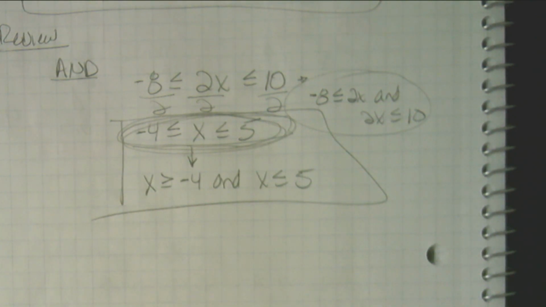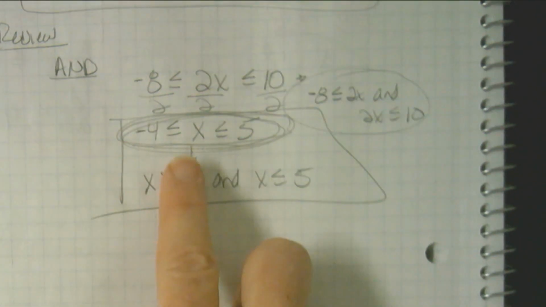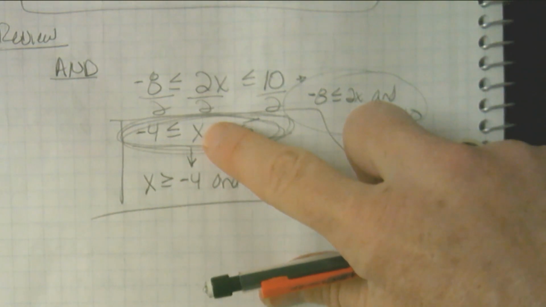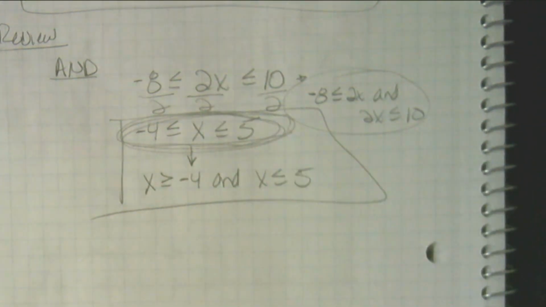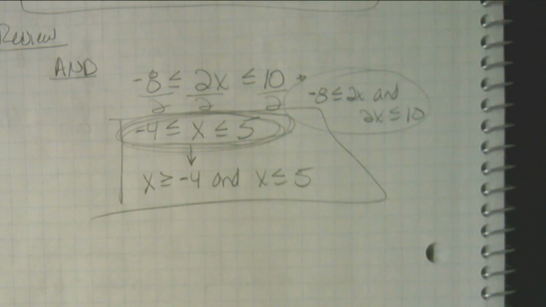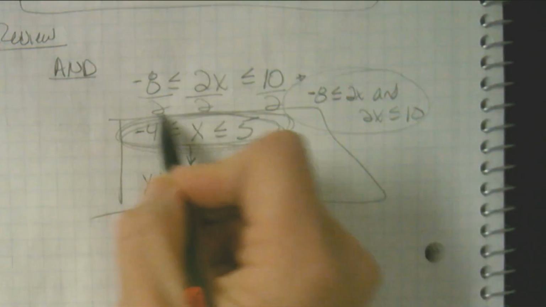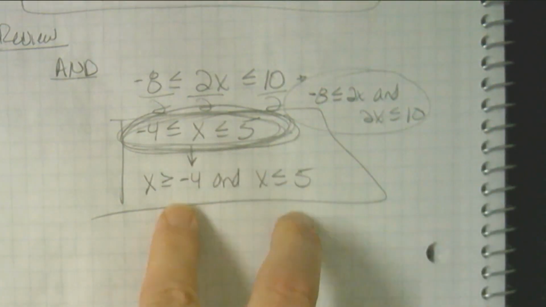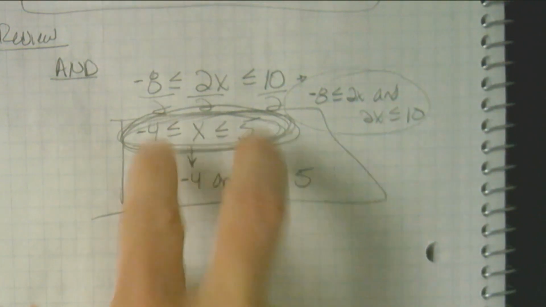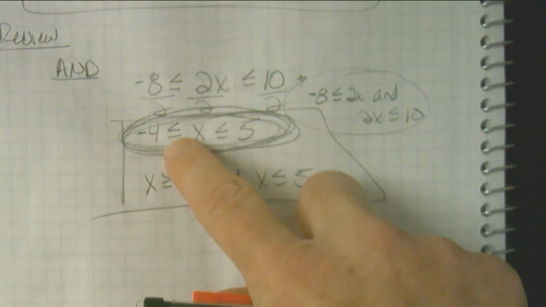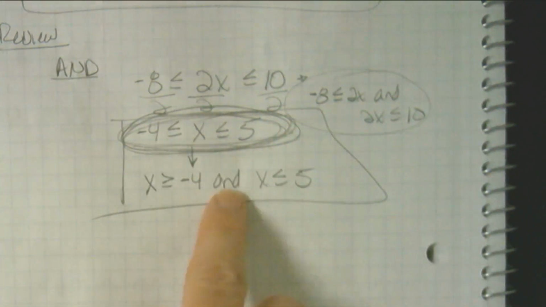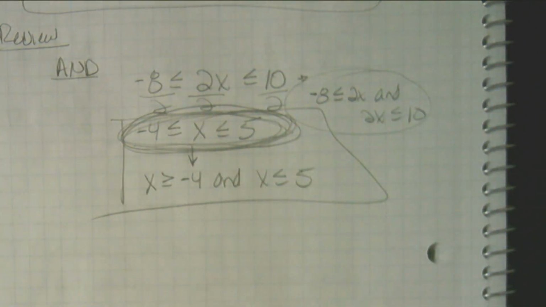I didn't change it. No, I did not. What are you talking about? I didn't change anything. All I'm saying is this is what it should look like, but this is what it can mean also. These are the same thing. My x is greater than my negative 4, and my x is less than my positive 5.